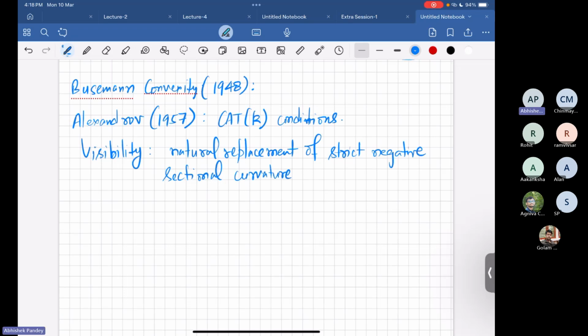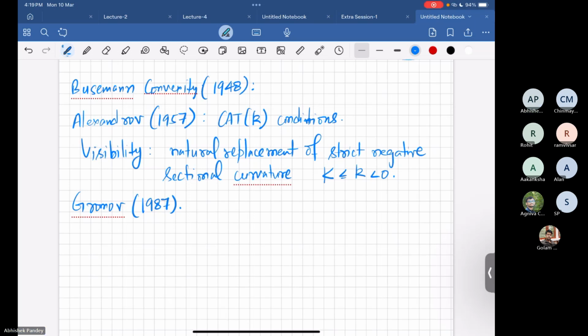By this we mean that the sectional curvature is less than or equal to K, where K is less than 0. And then the notion of Gromov hyperbolicity comes into the picture, which was introduced by Gromov around 1987. These are all the notions of negatively curved spaces.